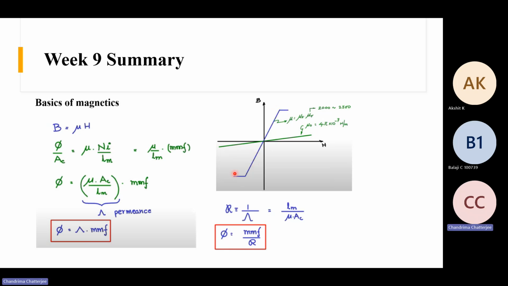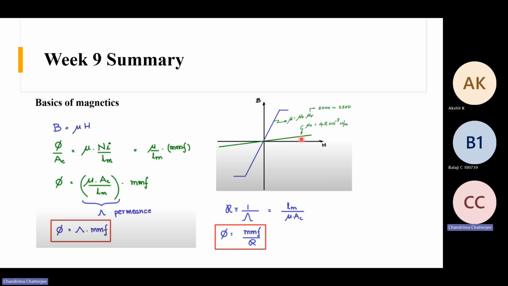Here what is shown is that suppose your curve is like this, but for an inductor, the energy stored is half L I square. Suppose you want to use the same core but store more energy. If you reach this point, the core is already saturated, and beyond this point you can't increase the current. So we try to make the curve like this: instead of this slope, we reduce the slope.